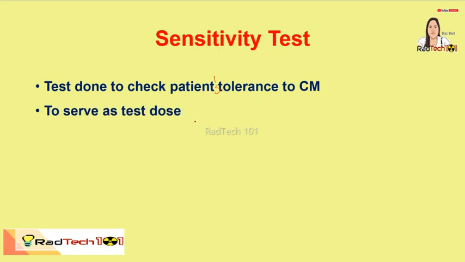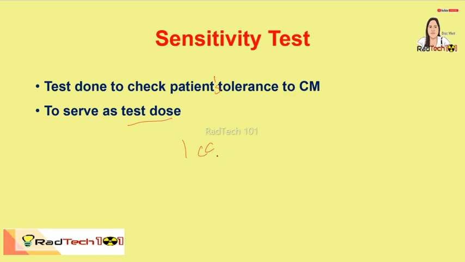Also, this can serve as a test dose so we know what the possible reactions of the patient are, or whether there are any or none. So usually in sensitivity tests, what is administered to the patient is 1 cc or 1 ml of contrast medium. And then we will wait for a period of time and observe the patient.